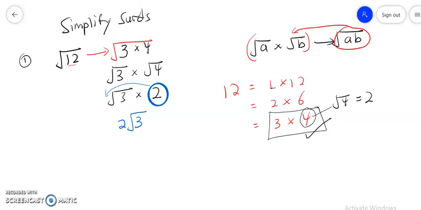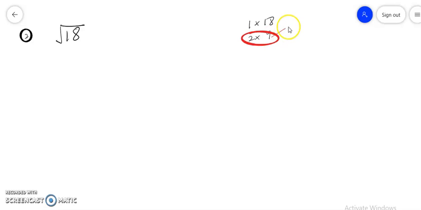Let us try a new one. Now let us try the second question, which is square root of 18. So this 18 has a factor 1 multiply with 18 and 2 multiply with 9.